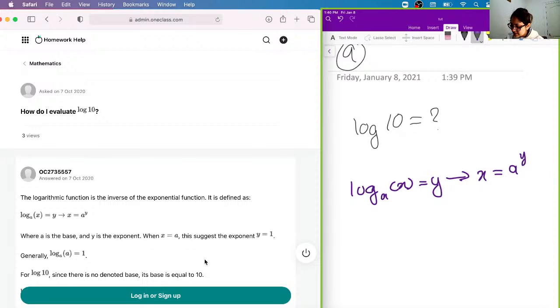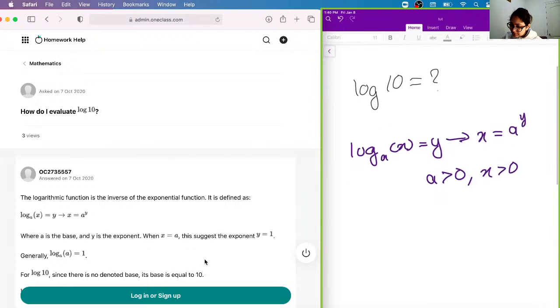So a is your base, and in this case a is any number greater than 0, and your x is also positive. So if you're trying to find log of 10, in this case log of 10 has a base of 10.